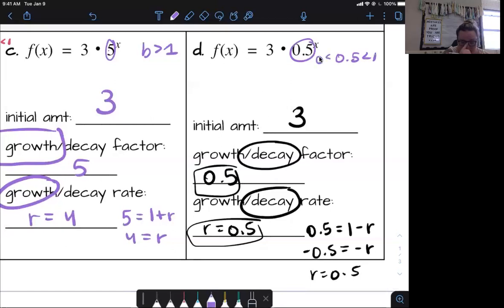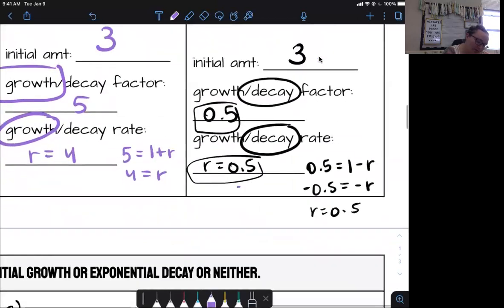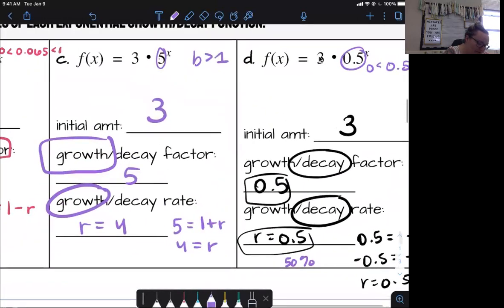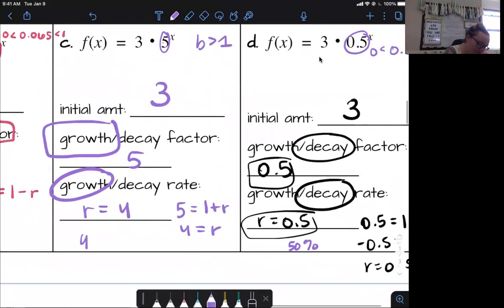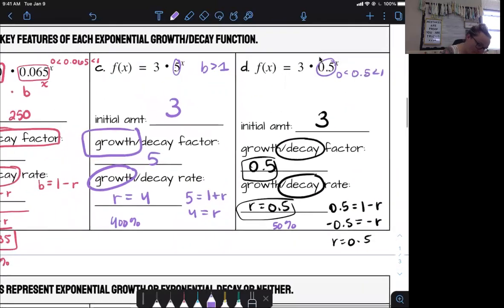So that means we have exponential decay. My initial amount is 3, my decay factor is 0.5, and my decay rate is 0.5. Or you could think of that as 50%. And then our growth rate over here would have been 400%. Or we're quadrupling is another way of thinking of 400%.